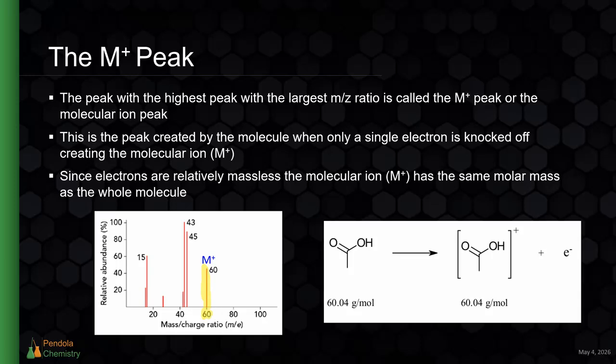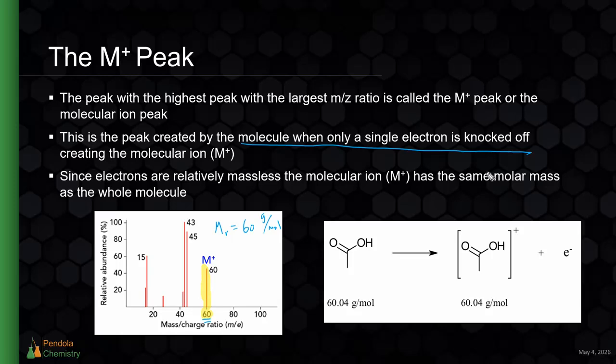What does that tell us? That tells us that the molecule this mass spectra is for had a molar mass of 60 grams per mole, because our M plus peak has a mass of 60. Remember that the M plus peak is caused by the molecule with only 1 electron knocked off of it, meaning it has the exact same molar mass.